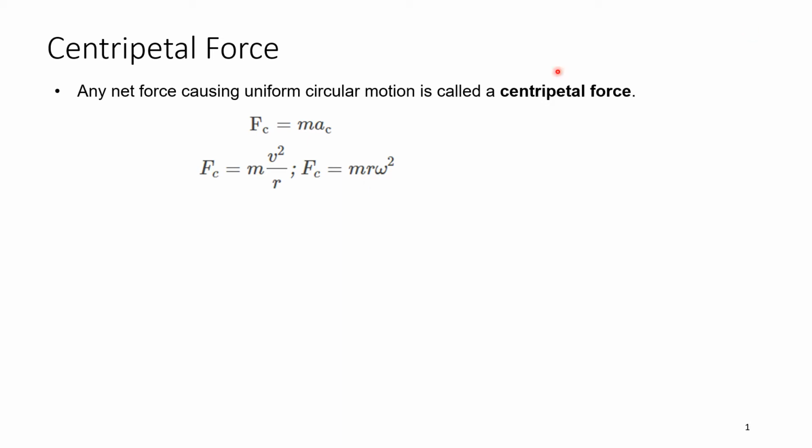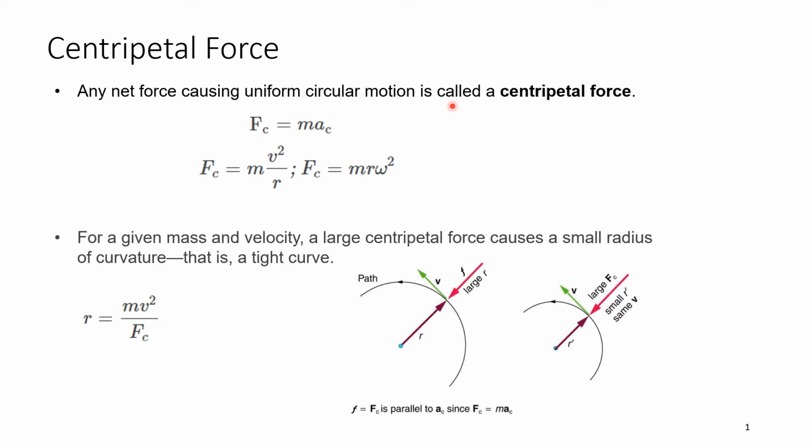It is interesting to notice that if we solve this first expression for r, we get r equals m v squared over F sub c. This implies that for a given mass and velocity, a large centripetal force causes a small radius of curvature, that is, a tight curve.